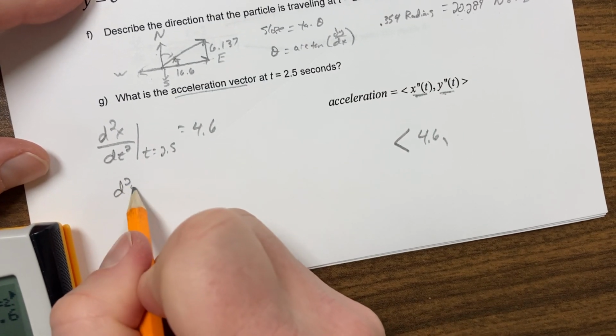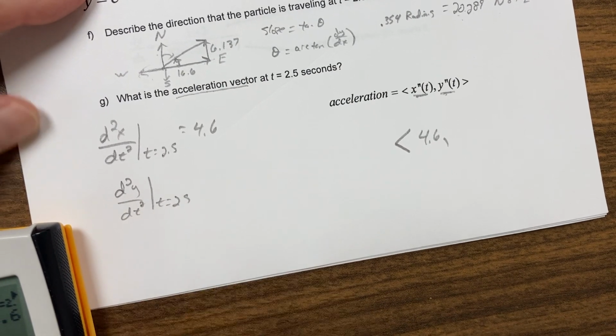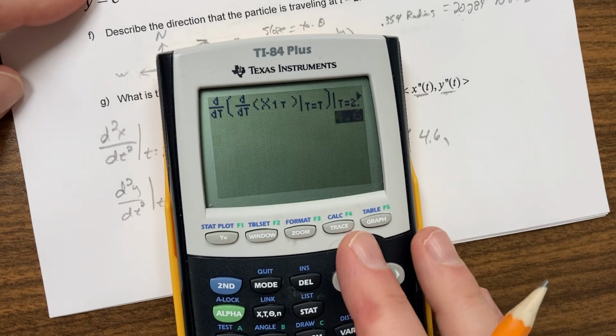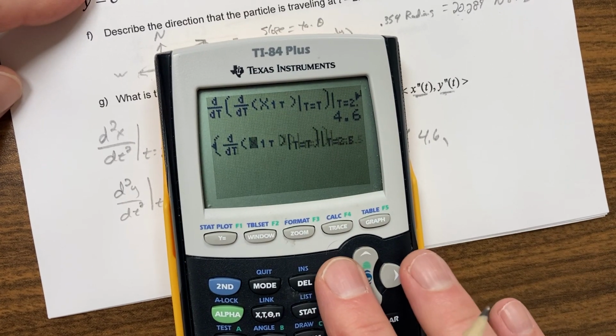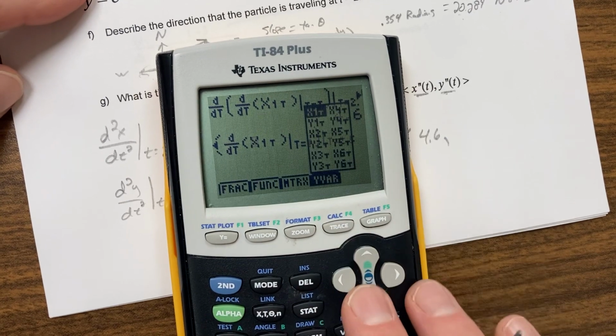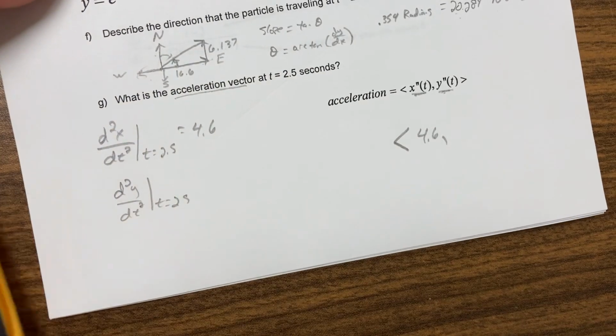Now we'll go ahead and find the y, and we'll do it the same way. So actually, I can come up here and do the exact same thing, and all I have to do is change the x inside to the y. And we get 4.971.